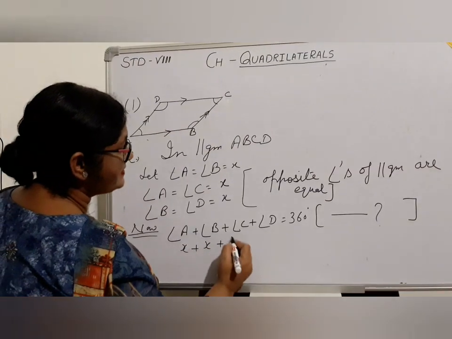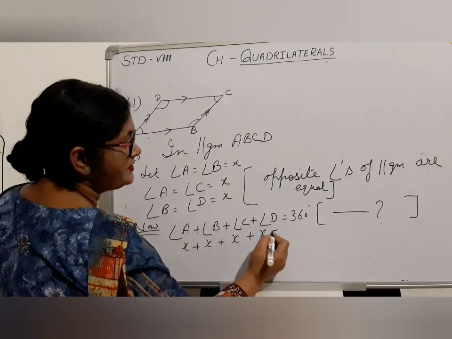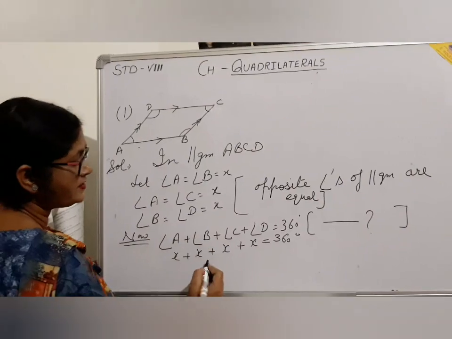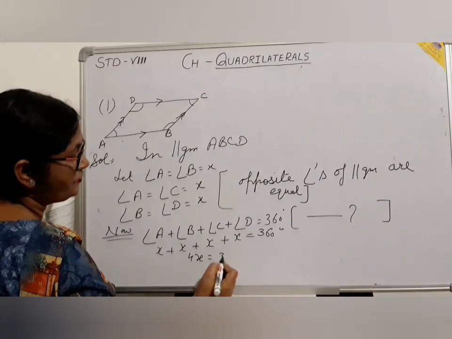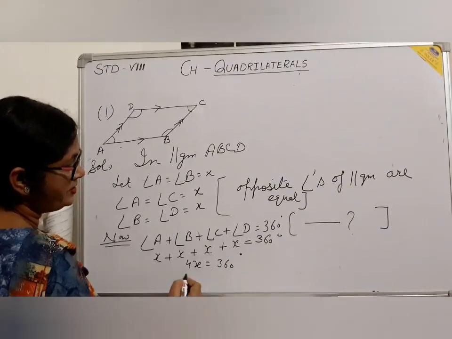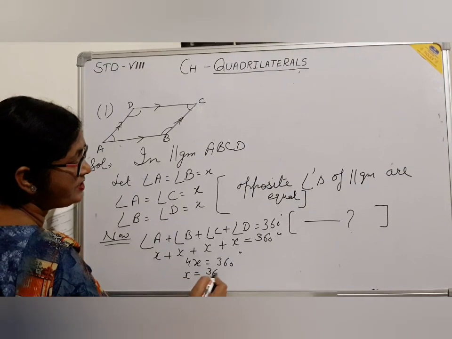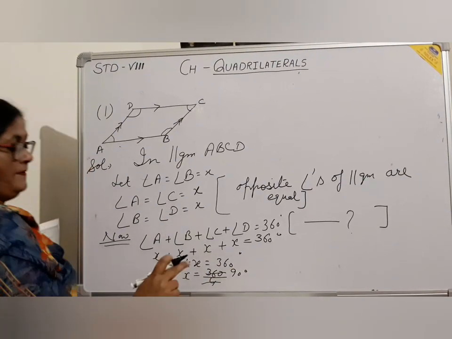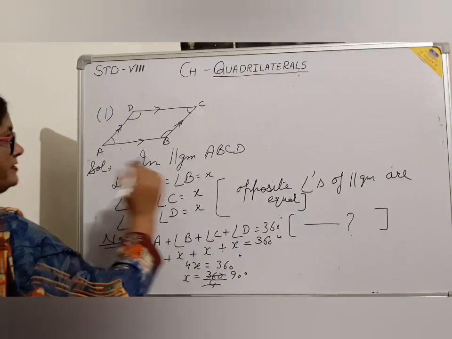X plus X plus X plus X is equal to 360 degrees. 4X is equal to 360 degrees. X is equal to 360 over 4, 90 degrees. Means X is equal to 90 degrees.